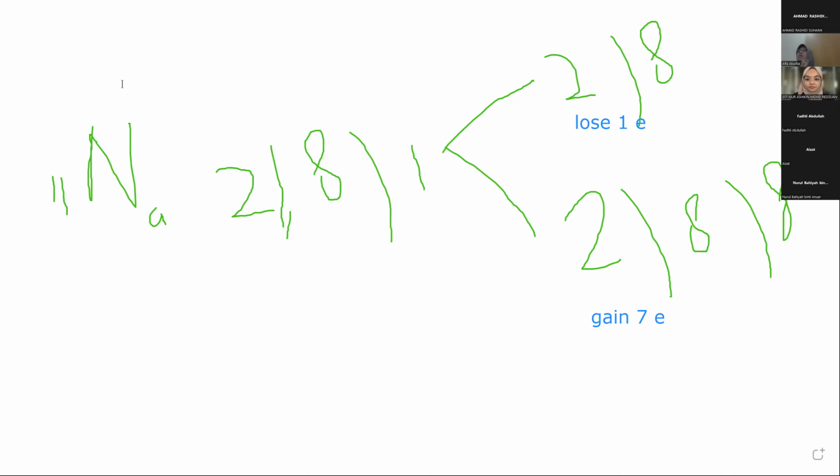Why is the easiest lose 1 electron or gain 7 electrons? Lose 1 electron, because it requires low energy. We only lose 1 electron. I give you 1 electron, you have to go out from my home. Then you have to invite 7 electrons one by one.